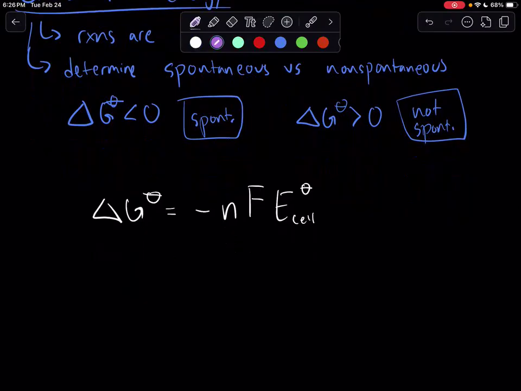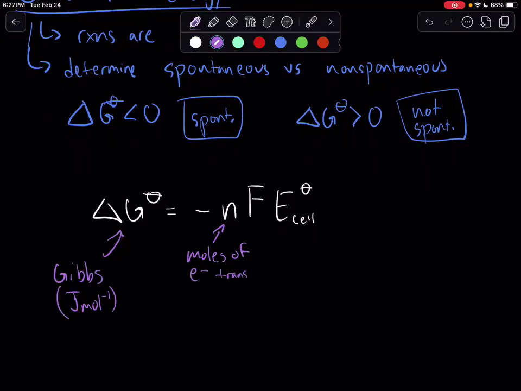Now, for this equation, we can define our terms. G is our Gibbs. This is generally given in joules per mole. N is specific to moles of electrons transferred, and that's of course in moles.